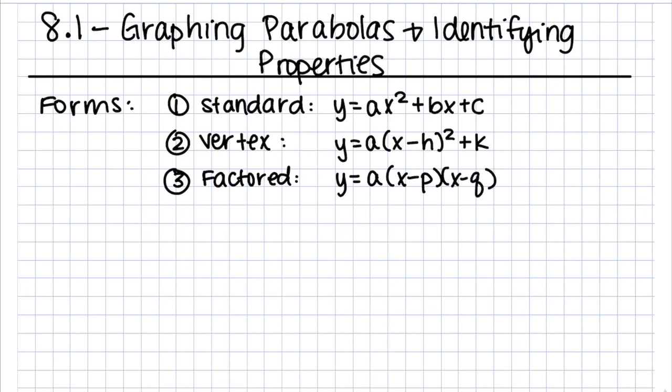We did factored form a lot last chapter because we were learning how to factor. Now we're going to learn more about using standard form and vertex form. One thing I want to highlight is that this a is the one thing that is constant for all of them, and we will deal with that later on in this chapter. But for today, a is always going to be 1.